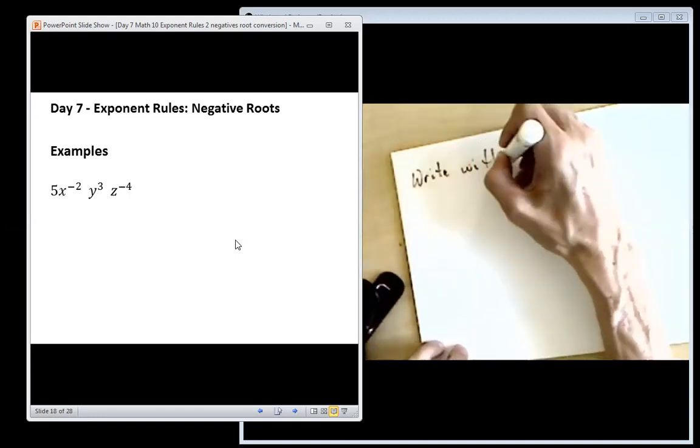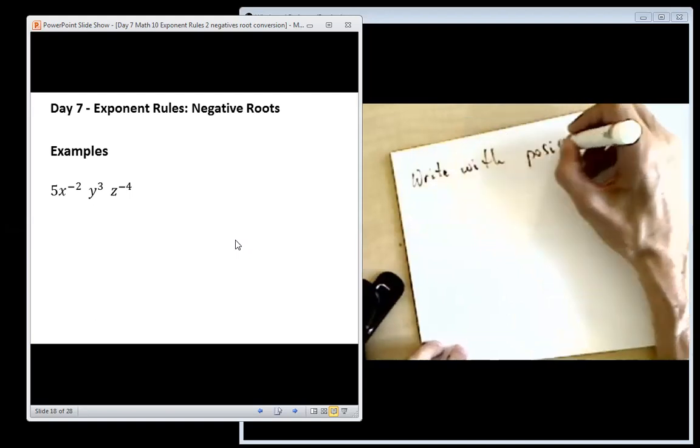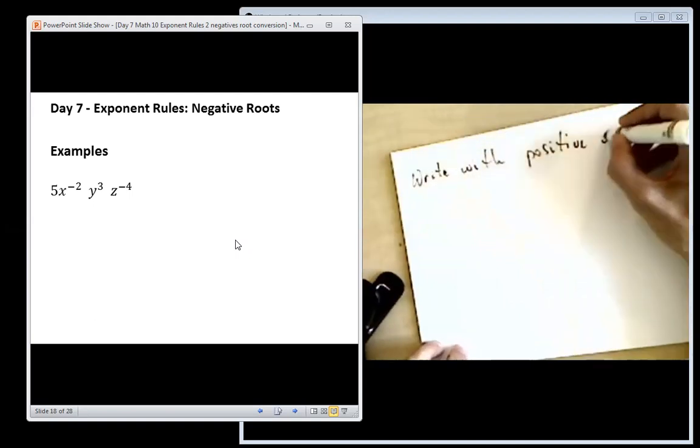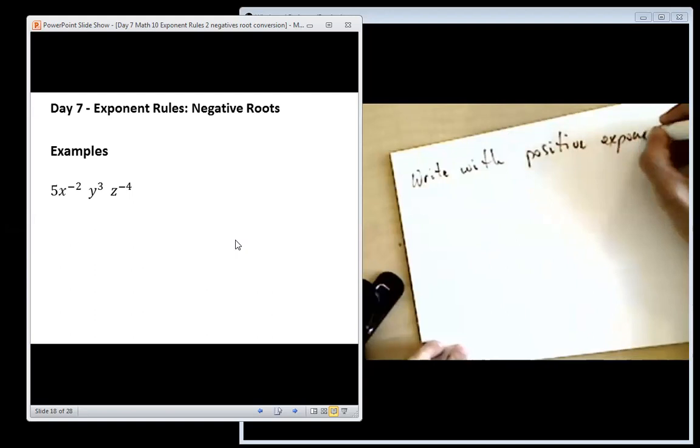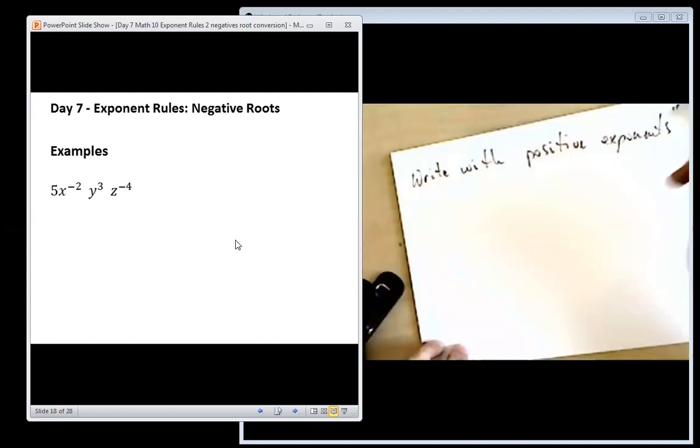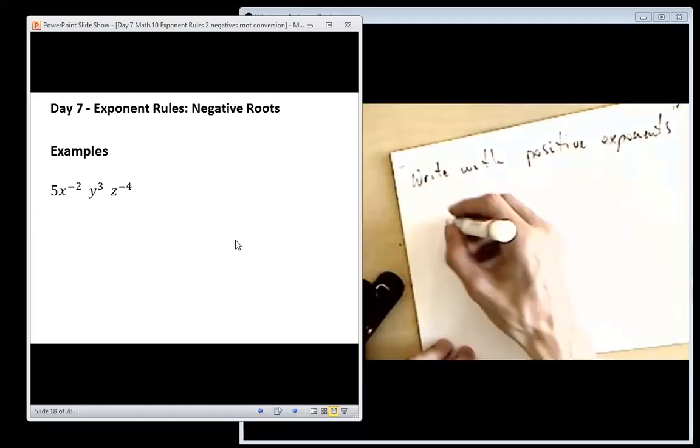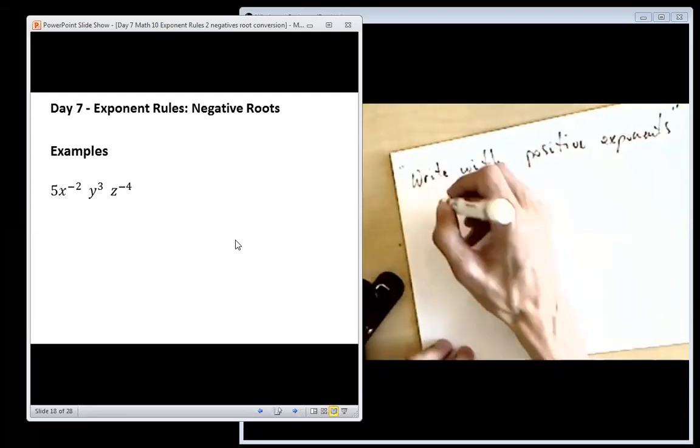Right, with positive exponents. What does this expression now look like? Five stays. What about the x?